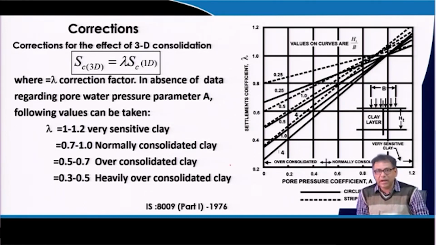But sometimes these A values are not available. If you do not have the A value, then you can use these ranges to get the lambda value. For very sensitive clay it is 1 to 1.5, normally consolidated clay 0.7 to 1, over consolidated clay 0.5 to 0.75, and heavy over consolidated clay 0.3 to 0.5.